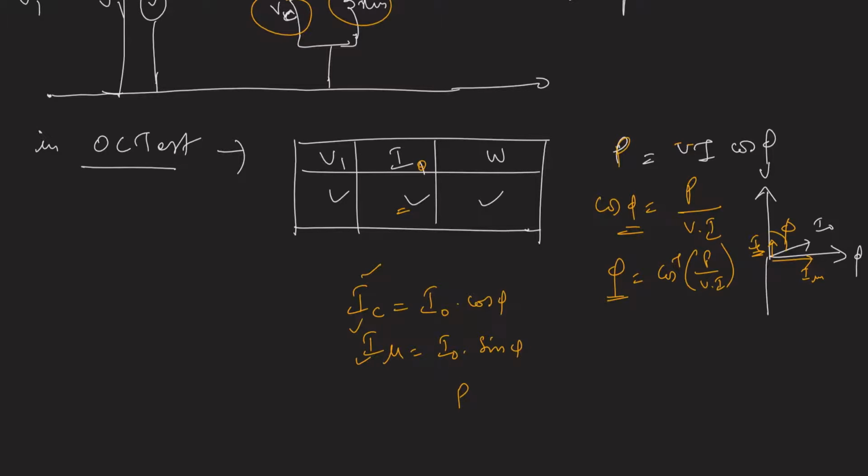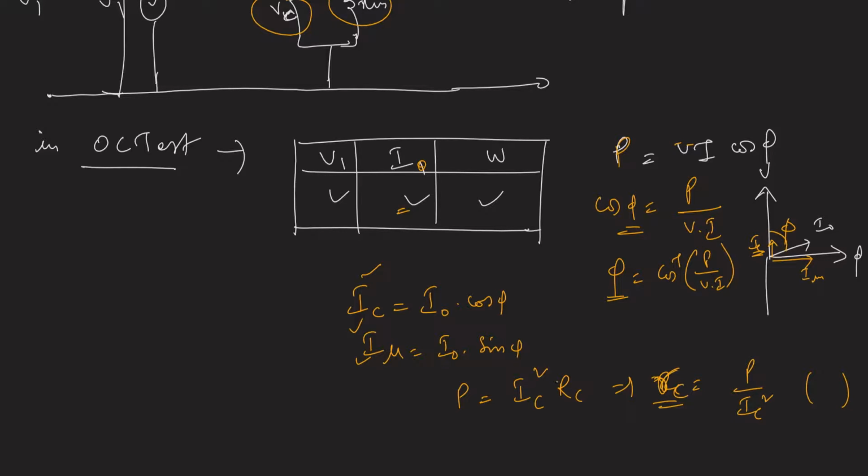I can also say that this power loss component is equal to IC square RC, or RC is equal to P by IC square, neglecting the primary copper losses. And this is RC, small RC.